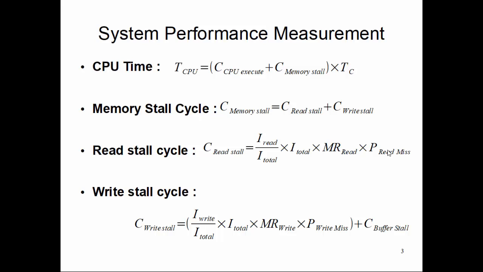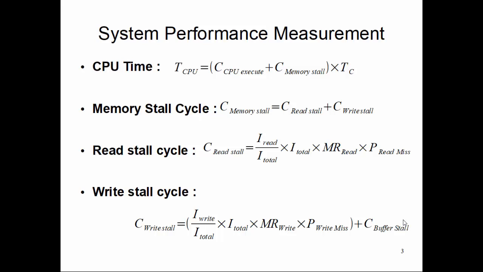The write stall cycles are similar, but for the write-through strategy with a buffer inside the memory module that we discussed in the earlier lectures, we need to add the number of cycles for the buffer stall. Either it will be given directly or in terms of the percentage of the read stall and so on. Just watch out for the statement and what information you are given.